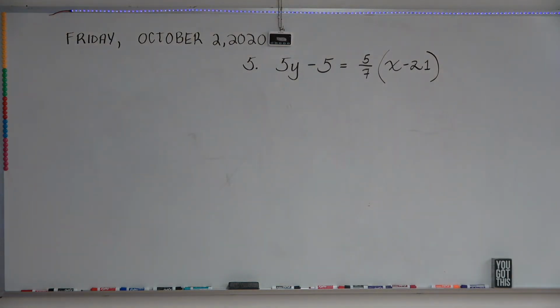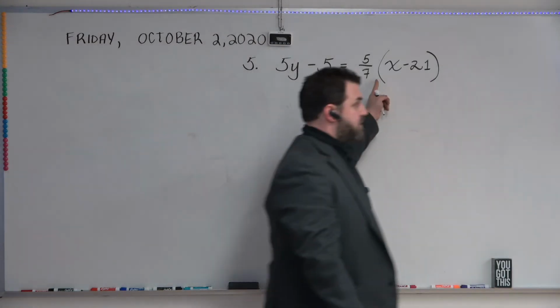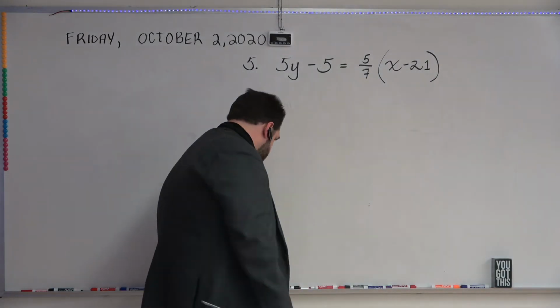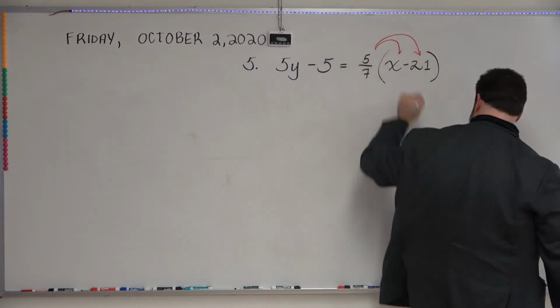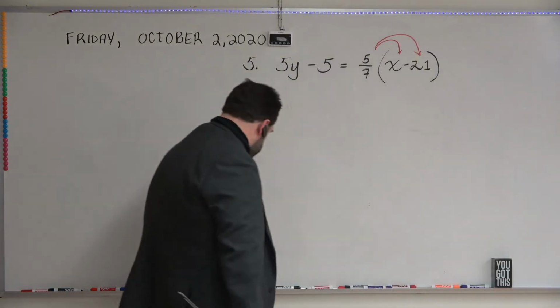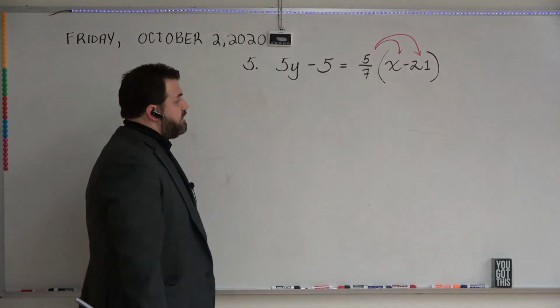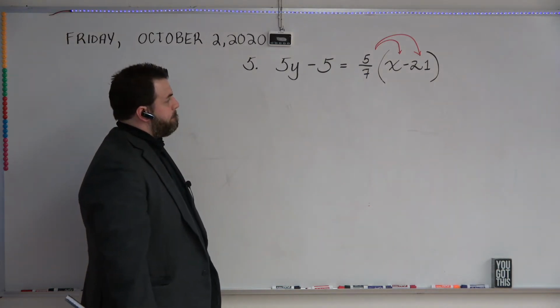Oh dear. The process is just the same as it was in the previous problem. So you started the last two problems by telling me to distribute. Yes, sir. So I'm just going to distribute. I don't care if it's a fraction. Doesn't matter. All right? 5 over 7x.